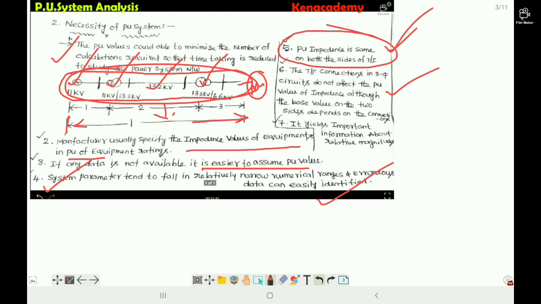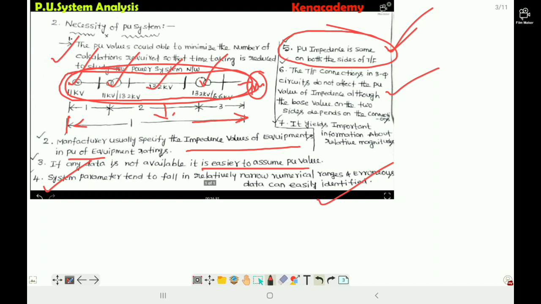That means once we represent in per unit, the impedance values are independent of the type of connection. But in absolute system representation, in actual system representation, based on the type of connection, the impedance will change. But in per unit system representation, based on the type of connection, the per unit impedance will not change. All these are the necessities of the per unit system.